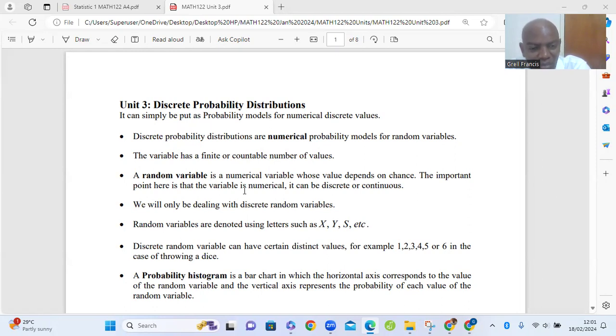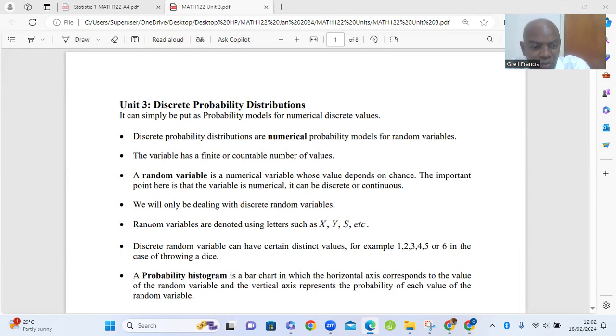However, there's another very important point, that its value depends on a probability value. Okay? And I think that's why it has the name random, because its value depends on chance. It may or it may not happen.